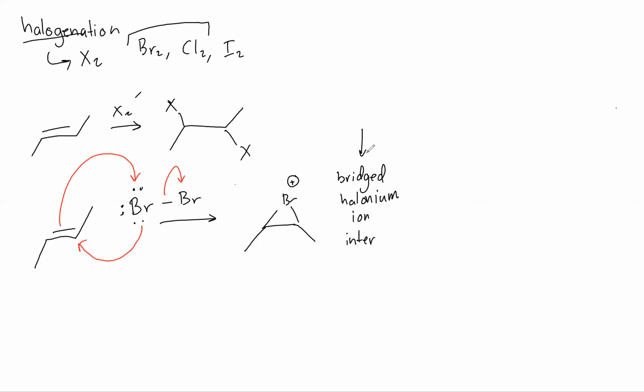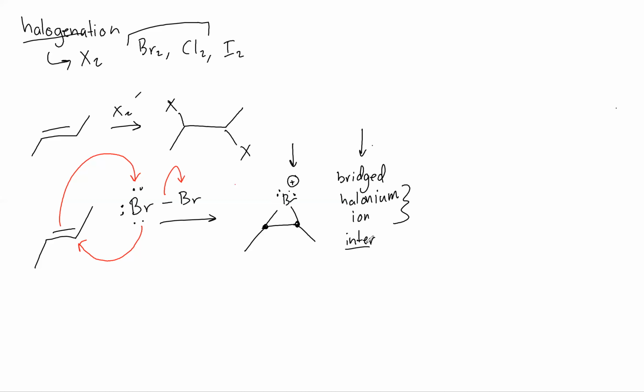That means one carbon is sort of linked to another carbon through the same atom. That's what the bridge is. This here is our bridge. Halonium ion means that we have a halogen that is charged. Of course, halogens with two bonds and two lone pairs, which is the case here, will be positively charged with its formal charge. Intermediate, that just means this is an intermediate of our reaction.